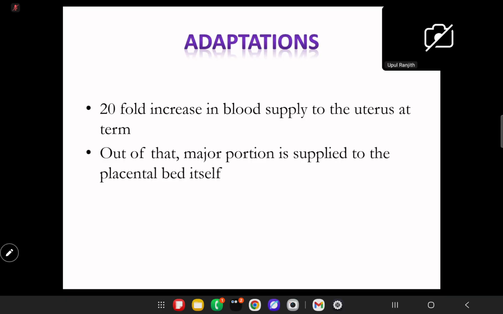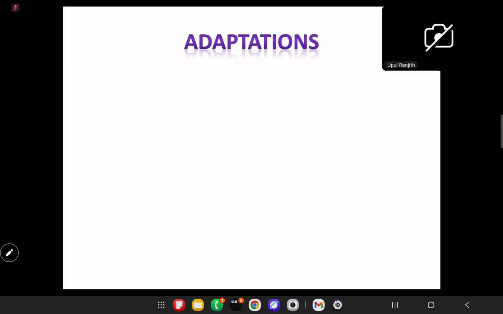The uterus is getting about 750 ml of blood at term, so out of the maternal cardiac output of 5 liters, about 750 ml goes to the gravid uterus. Out of that, nearly 50% goes to the placental bed itself. So that is one adaptation.